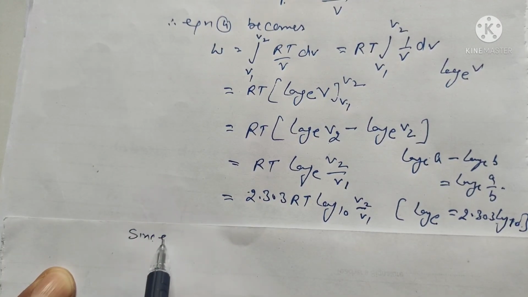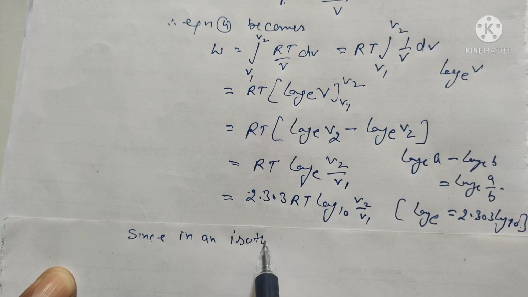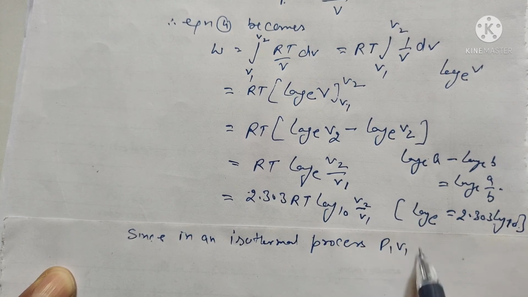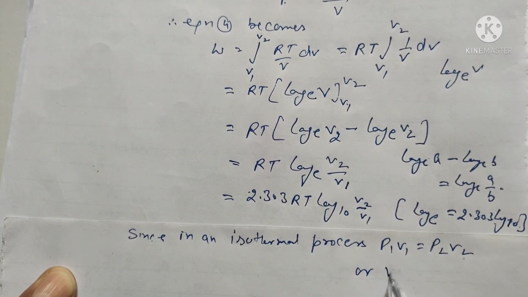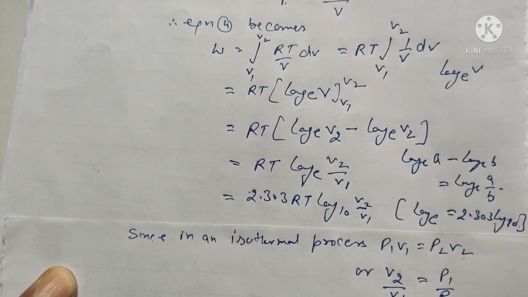Since in an isothermal process P1 V1 equal to P2 V2, or V2 over V1 equal to P1 over P2.